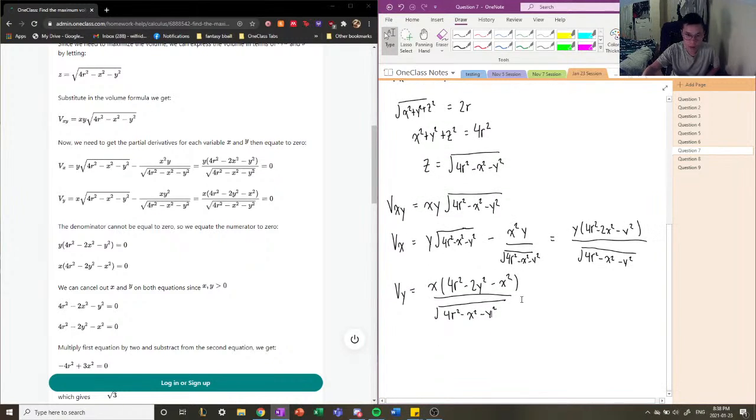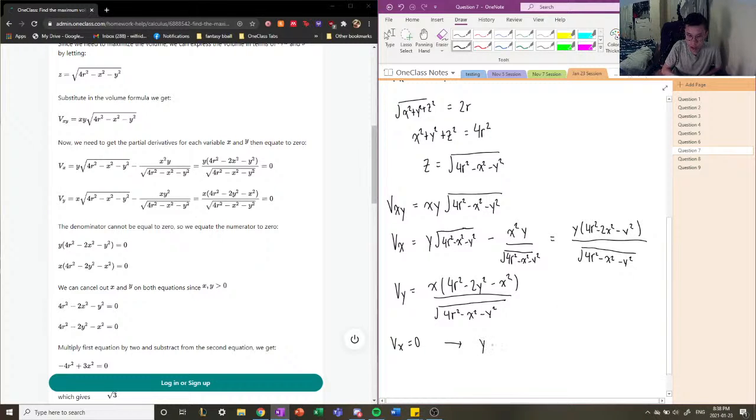Okay, so now that we have found our partial derivatives, we're going to set both of these equal to 0. So if you set v sub x equal to 0, we are going to find the values of x and y that satisfy v sub x equal to 0. Since it's a rational expression, all we need to do is examine the expression in the numerator, because the numerator dictates when our function is equal to 0.